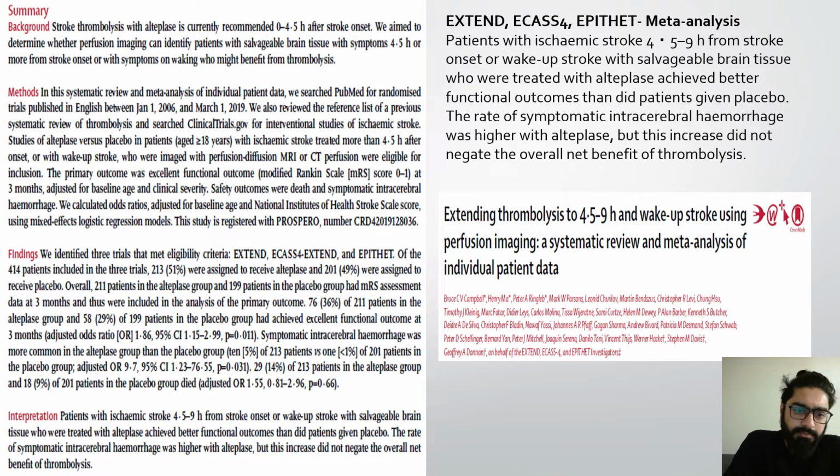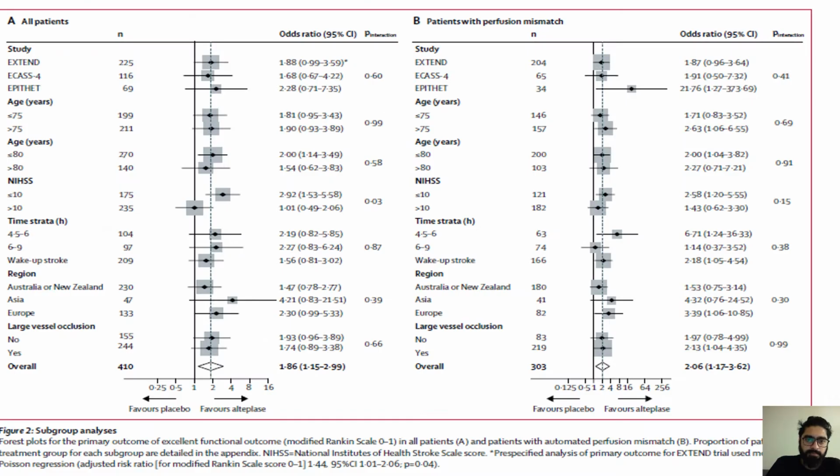Their interesting interpretation was that patients with ischemic stroke 4.5 hours to 9 hours from stroke onset had a better outcome in the thrombolysis group. This is the forest plot, and it is showing the three pooled studies within this table: Extend, ECAS, and EPITHET.